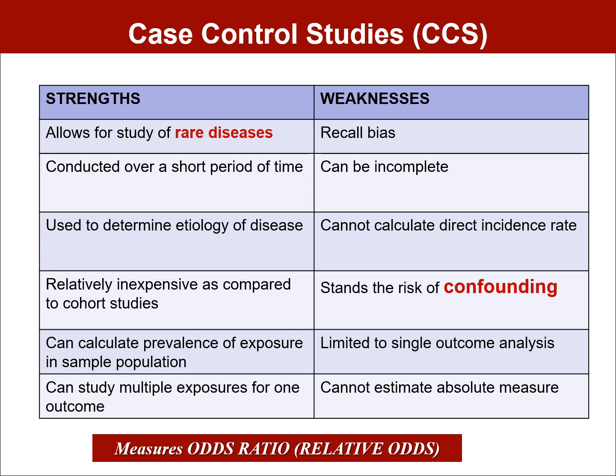Because sometimes these people, depending on the nature of the disease, they've probably forgotten about what they may have been exposed to years and years back. There's also the tendency for people to miscommunicate or misrepresent something, based on how they feel at the moment, which some of you picked up on when you were conducting your cross-sectional study exercise from last week.